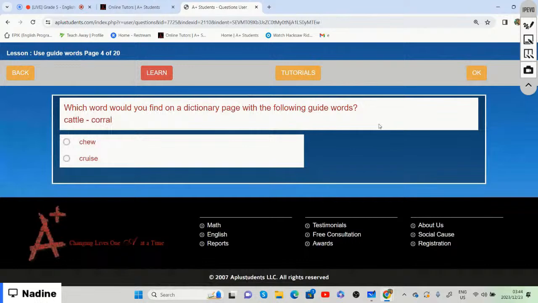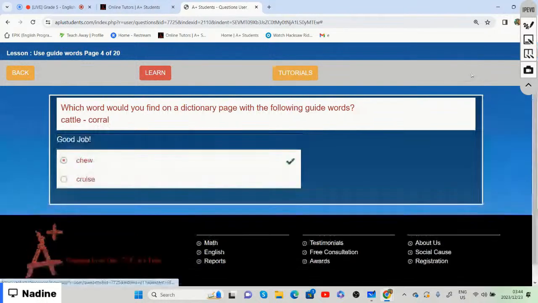If we look at cruise, the second letter R comes after O, which means that cruise is already out. So chew is the word that we will find on a dictionary page with cattle and coddle. So chew is correct.